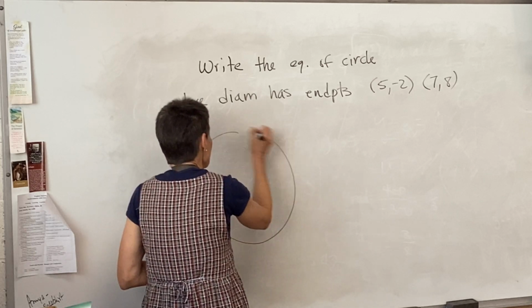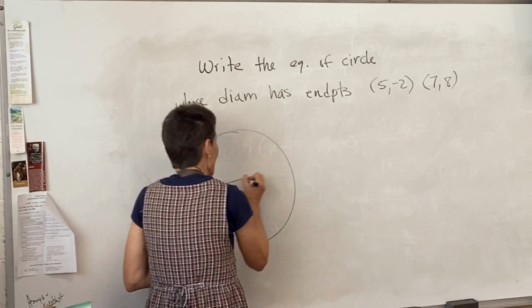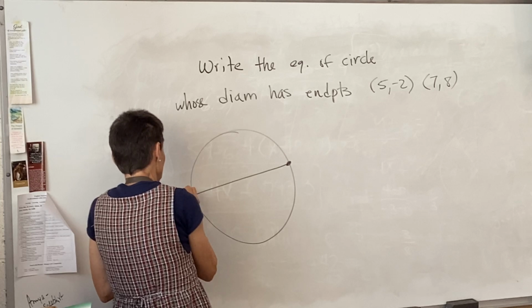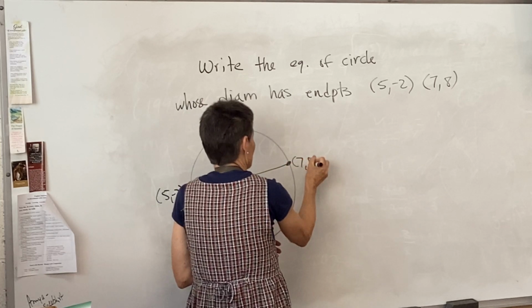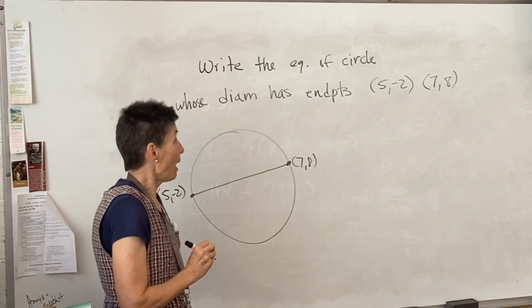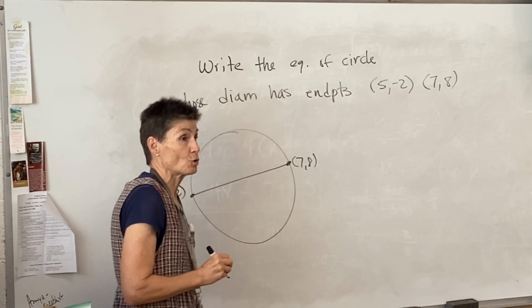So here we go. Here's my circle. Here's a diameter. Here are my points. Now, your job is to write the equation of the circle.